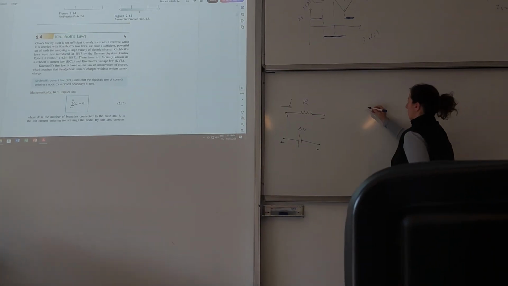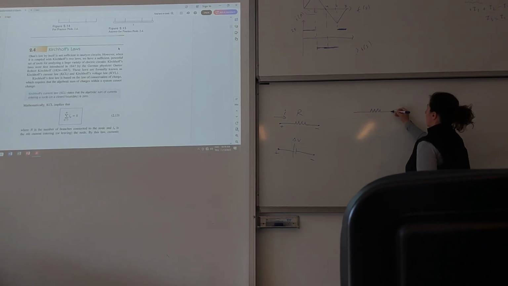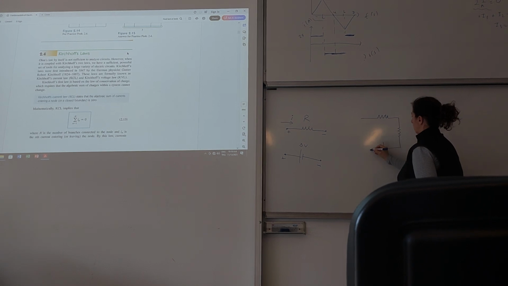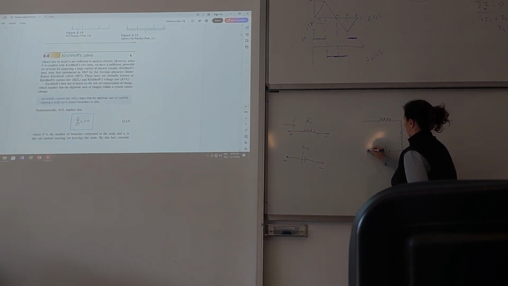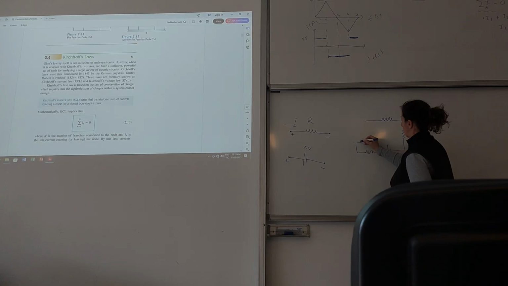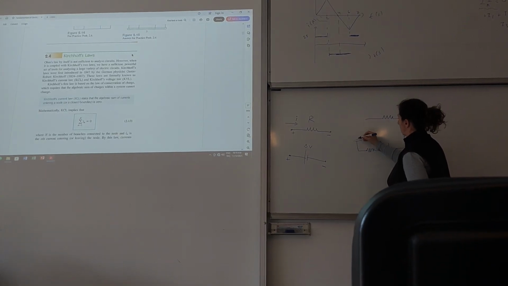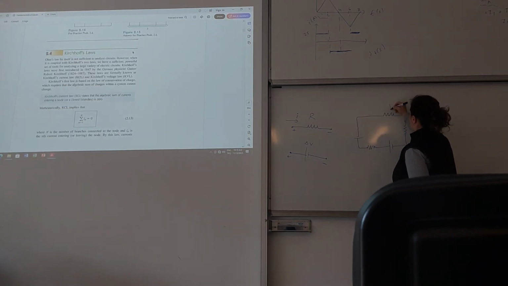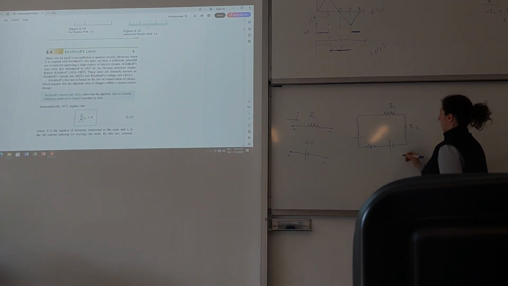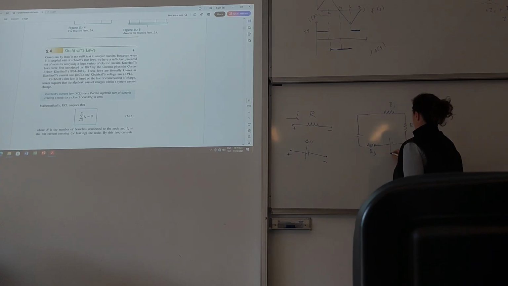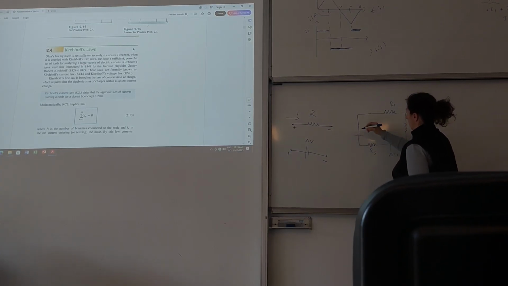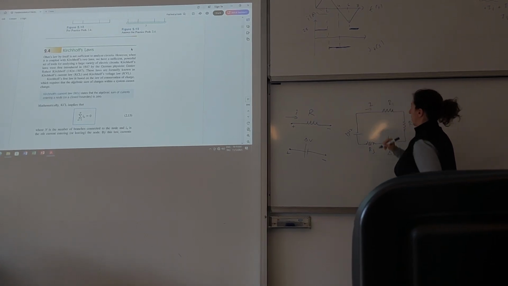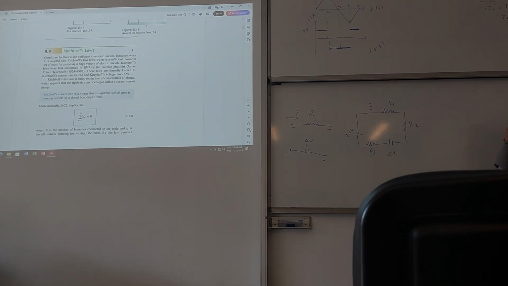So these are our circuit elements. In the KVL, let's say this is the loop that we have.